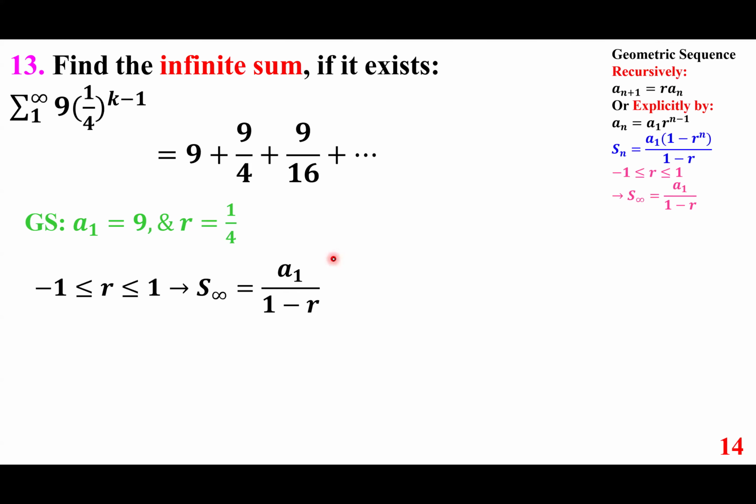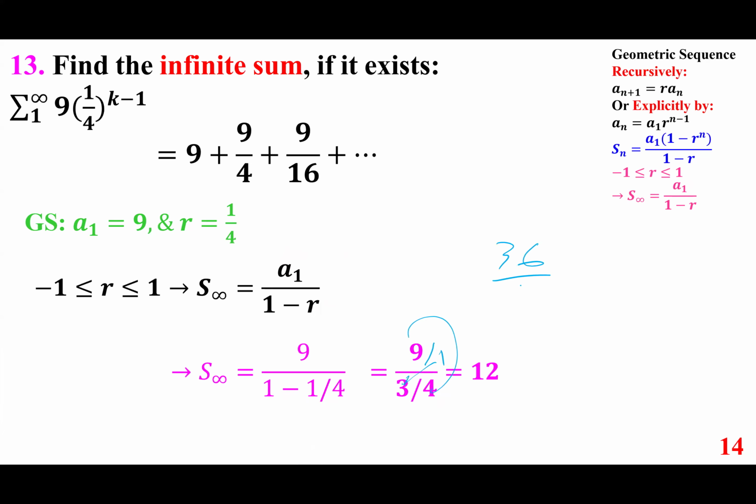So plug in, replace a sub 1 with 9 and r with 1/4. And again, in some texts, they may use a, by the way. And so 1 minus 1/4 is 3/4, and 9 over 3/4 is 12, everybody. You can write it as 9 over 1, and then you multiply 9 by 4, you get 36, divided by the product of these two, 3, and you get 12.